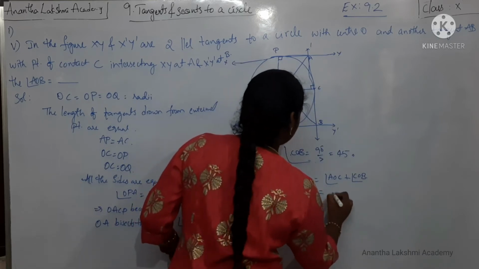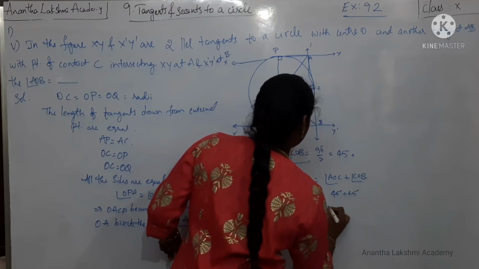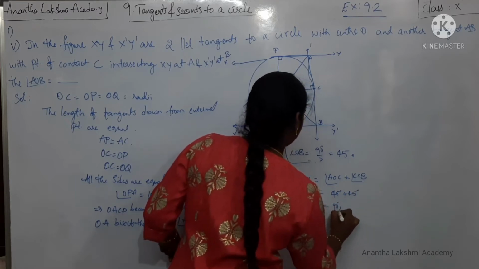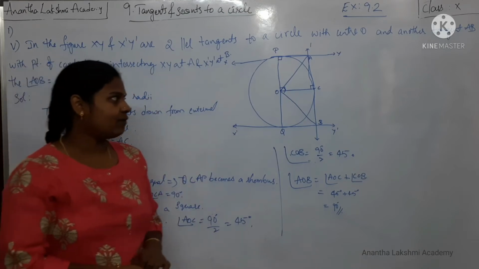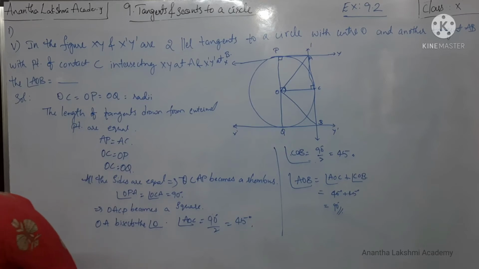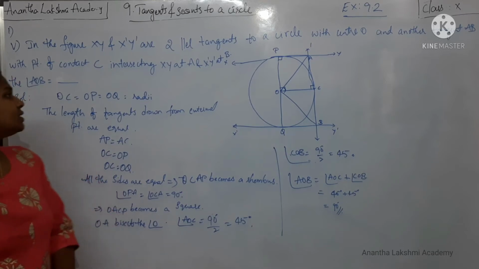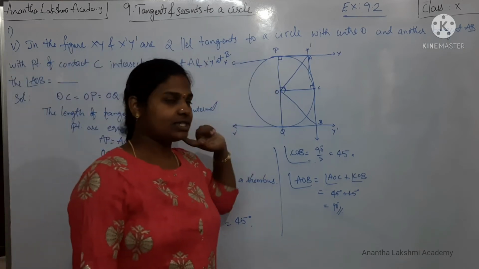So that way it becomes 45 degrees plus 45 degrees. And this becomes angle AOB, which is nothing but 90 degrees. Alright, so that is about the fifth bit of the first problem.